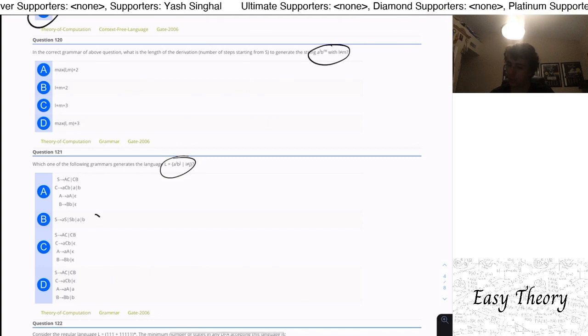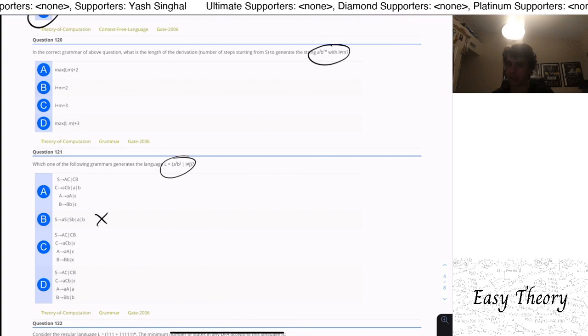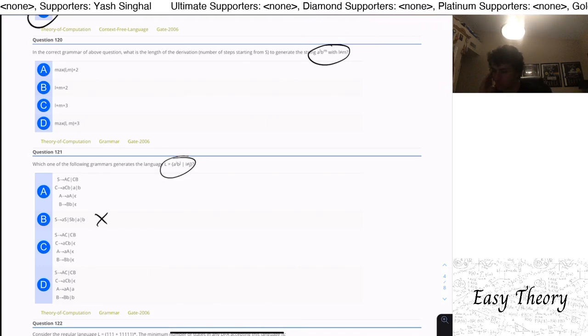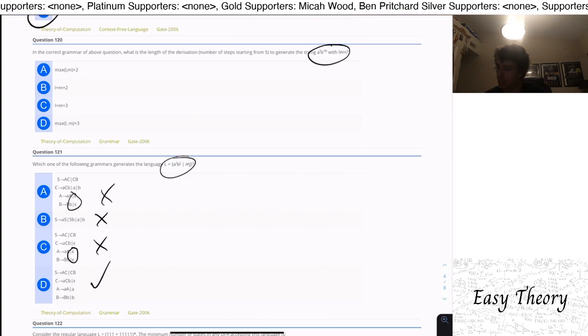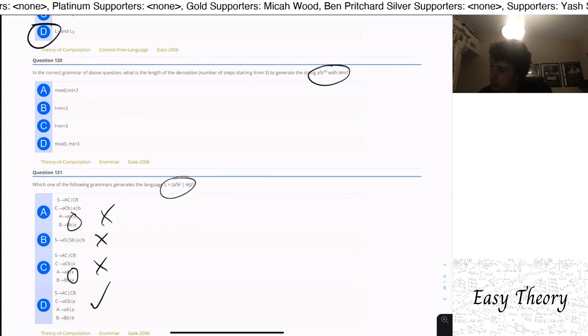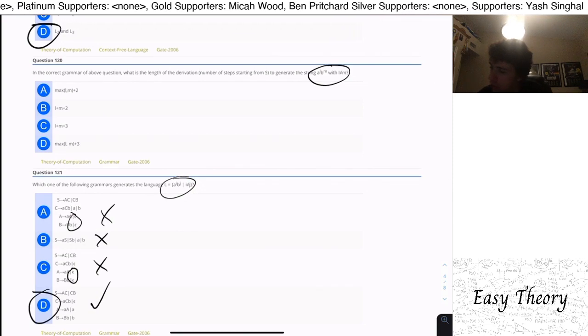So this one I'm pretty sure doesn't. This one doesn't because this needs an A and a B here. So I think D is the right answer, and this one doesn't because of the same reason. So then what is the length? So D is the answer to that one.